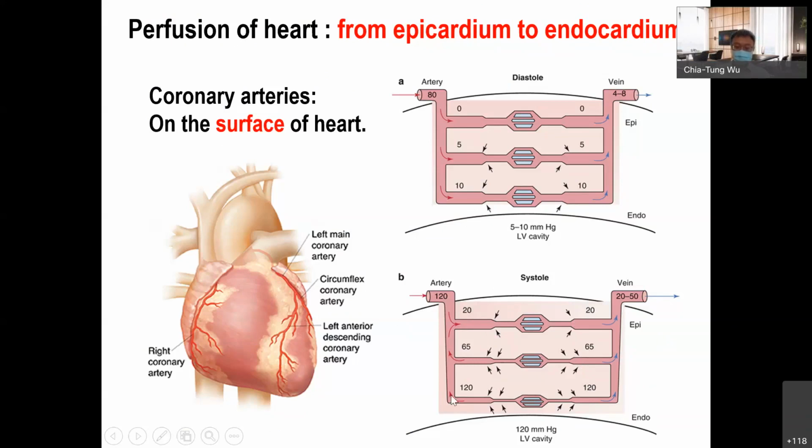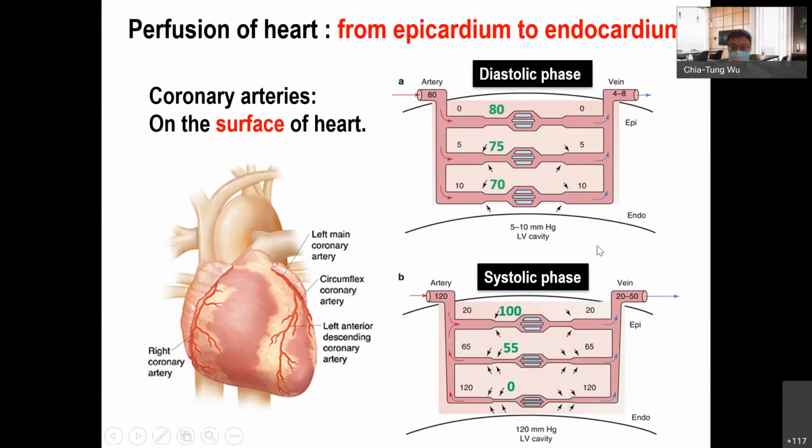There's no perfusion in the deep endocardium here, and the perfusion at the epicardium remains the same. And at the diastolic phase, when the left ventricular pressure decreases, the endocardium can be perfused better. That is why the coronary arteries need to grow on the surface of the heart instead of inside our heart.